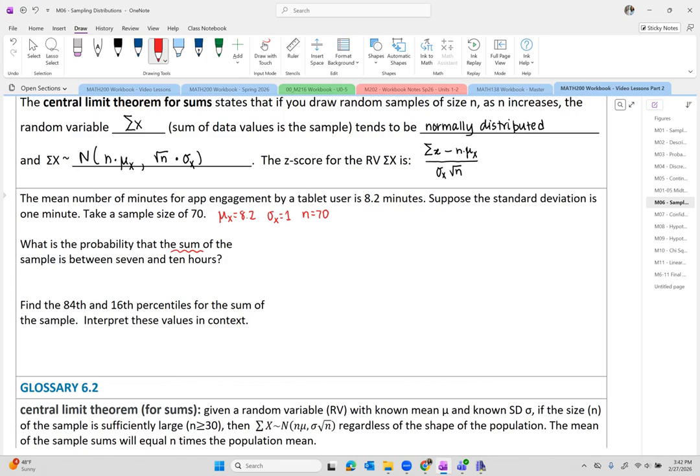Since the sample size is 70, which is greater than 30, the central limit theorem indicates that the distribution of the sums will be normally distributed, and that will be the total length of time of app engagement for 70 people measured in minutes.